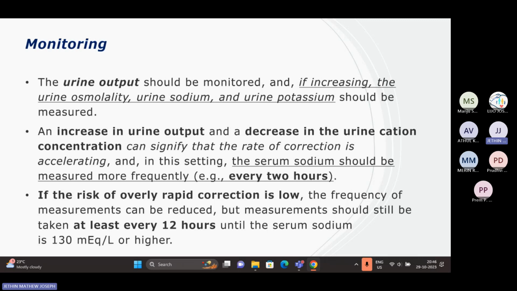As I mentioned earlier, water diuresis can mean that the sodium is getting corrected, and you need to make sure that the serum sodium is measured more frequently. If the risk of overly rapid correction is low, these parameters can be measured at a less frequent rate.